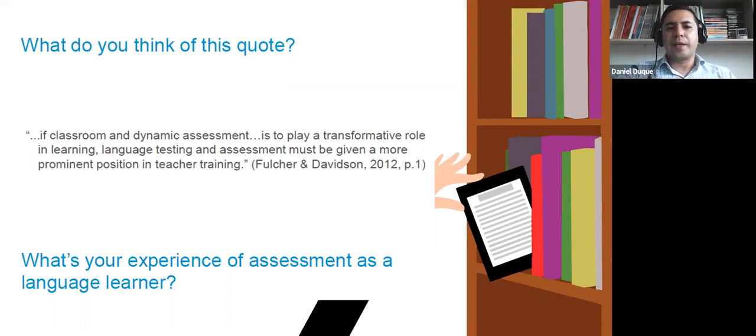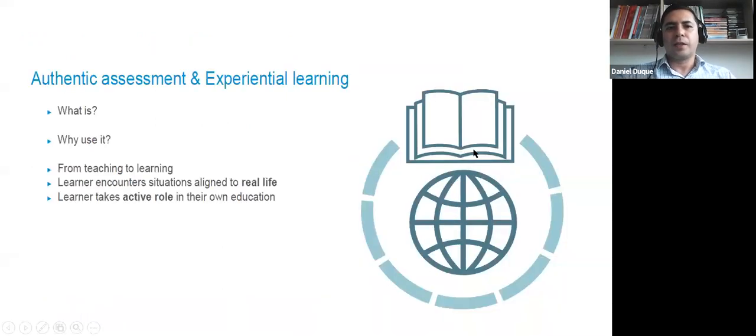All right, we'll move now to the concept of authentic assessment. And what is it? Here we have some questions. What is it and why use it?